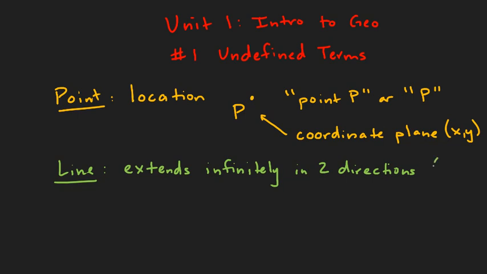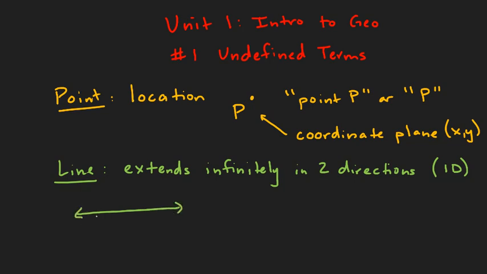A line is going to be a one-dimensional object in geometry. I know it goes in two directions, but that is in one dimension. It's hard to describe, sorry. So here is what a line looks like. It has arrows on the end.